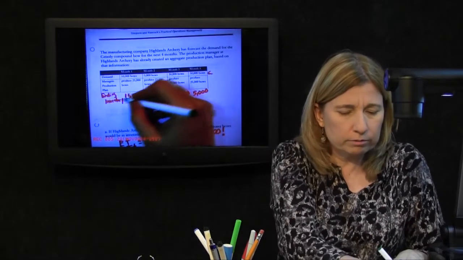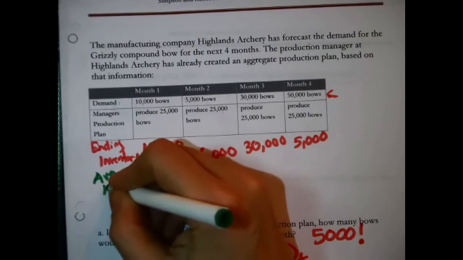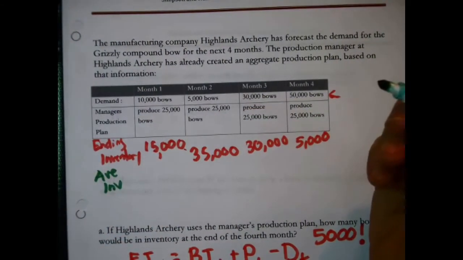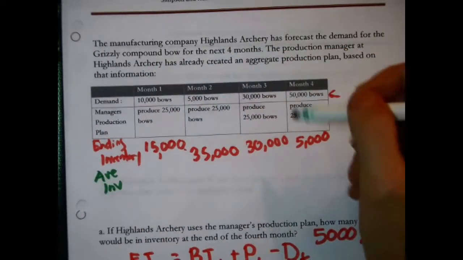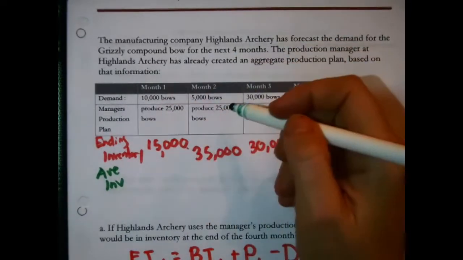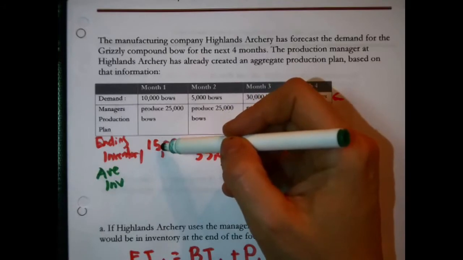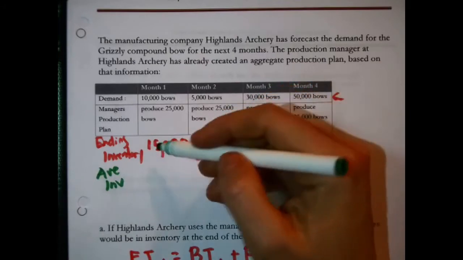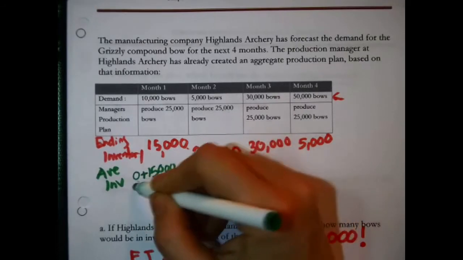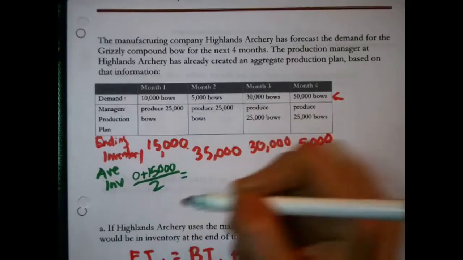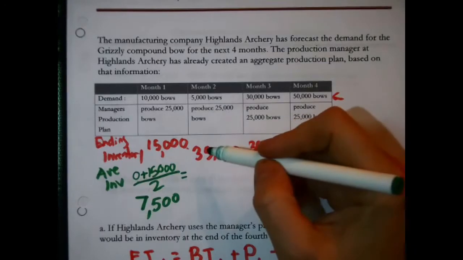We have a row here for ending inventory. I'm going to add a row for average inventory. For the first month, we began with nothing. We were remarking that we aren't told about any grizzly compound bows in inventory. So the first month begins with nothing, ends with 15,000. 0 plus 15,000 divided by 2 means that the first month has an average inventory of 7,500.